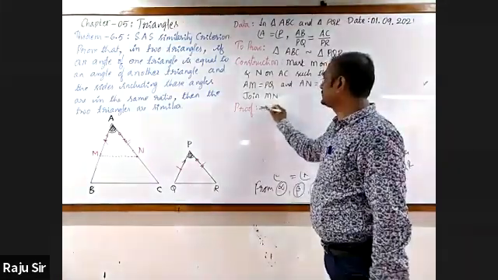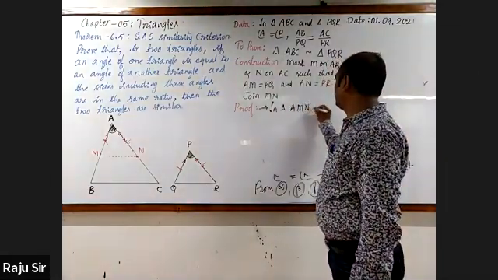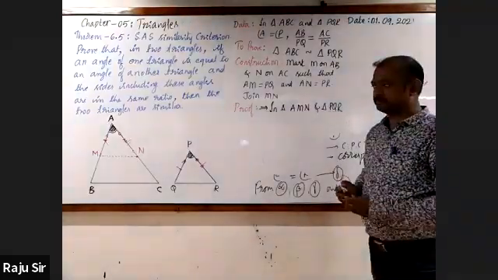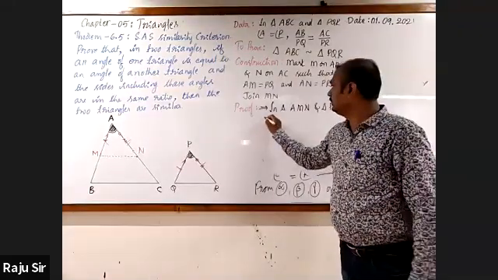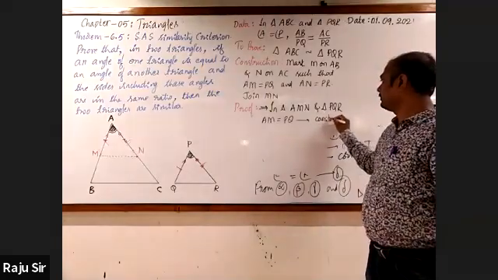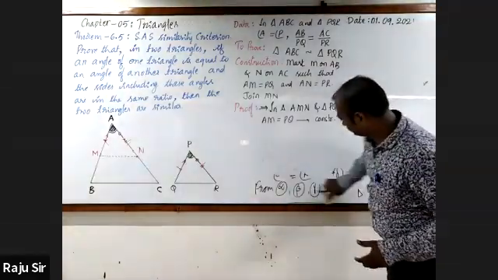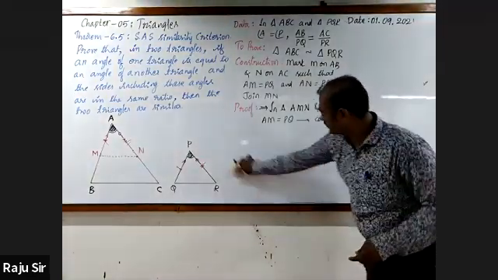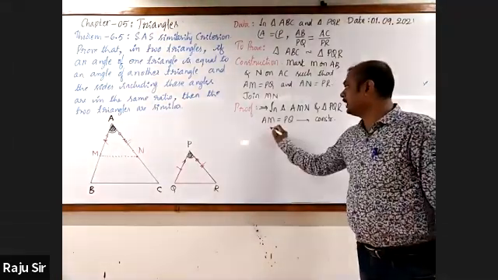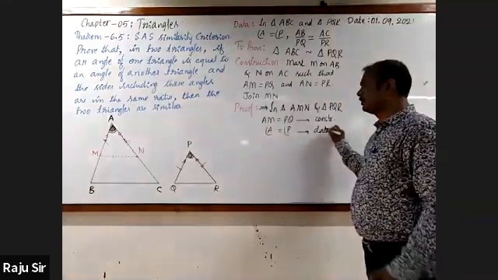Put the implies symbol. In triangle AMN and triangle PQR: AM is equal to PQ, reason from construction. Next, angle A equal to angle P, this is from data.